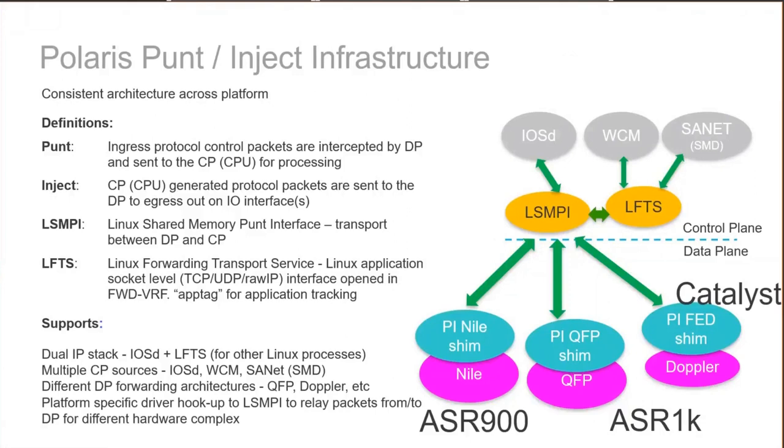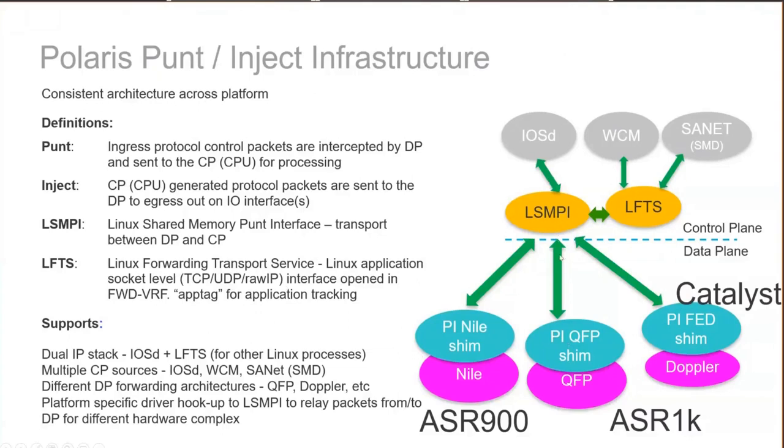And LFTS is again within the control plane. It is used for communication with the applications hosted on the control plane. So these are the four main things. Punt are the packets being sent from data plane to control plane. Inject are the packets being sent from control plane to data plane.